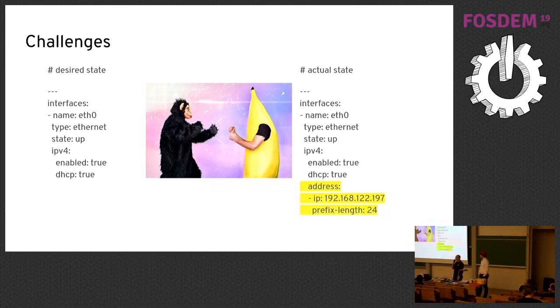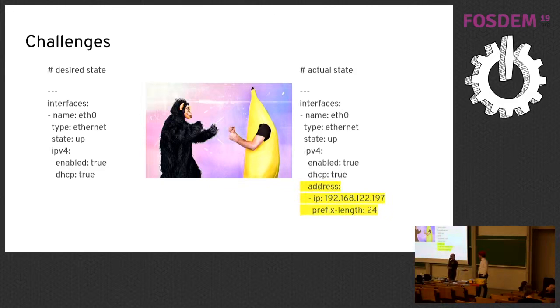We also wanted to share that there are some challenges with this declarative idea. One of the challenges is that some of the properties that we change also change other properties. For example, if we set DHCP enabled, we will get an IP address. So this is the desired state versus actual state. In the actual state, we'll see DHCP enabled and an IP address.